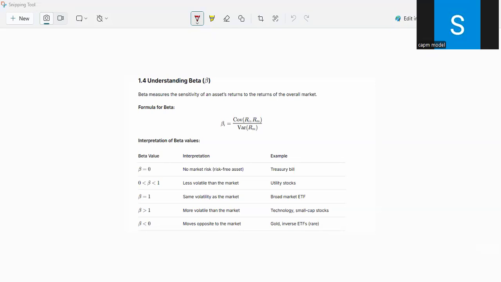So the B measures the sensitivity of a stock compared to the overall market. It shows us how risky the stock is in relation to the market. So if the market goes up, beta will tell you how much the stock will move. Beta actually focuses on only the market risk, which we call systematic risk. And systematic risk by nature cannot be what? Diversified. Okay? We cannot diversify this kind of risk.